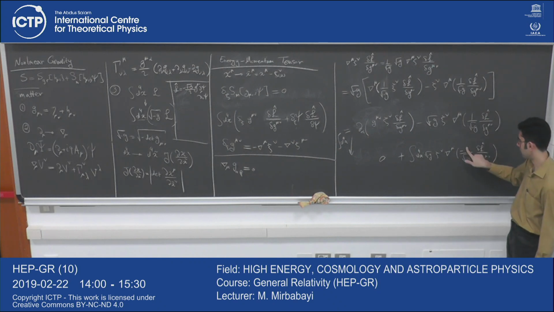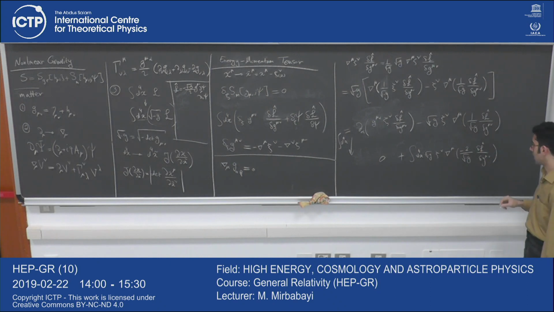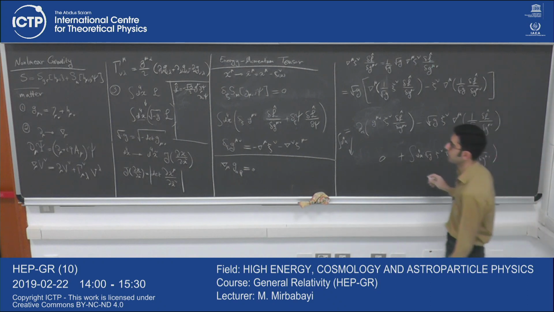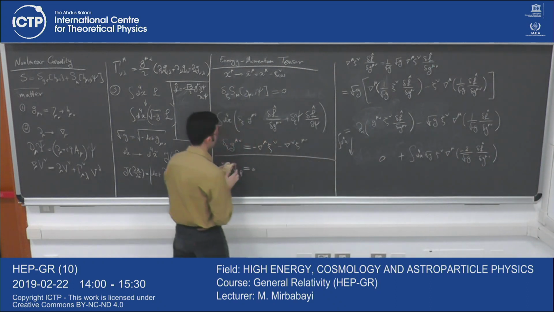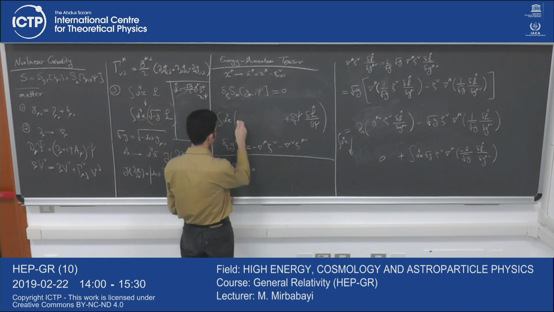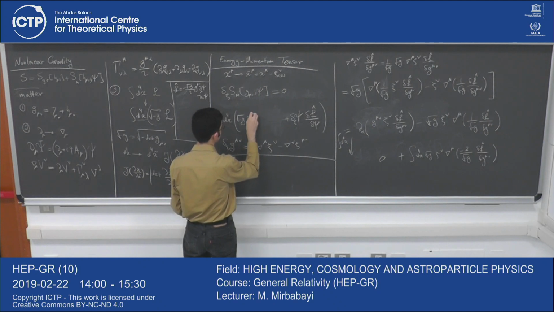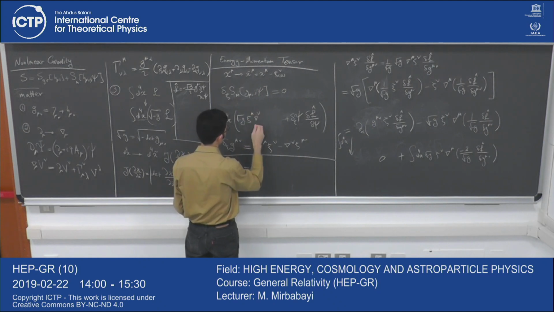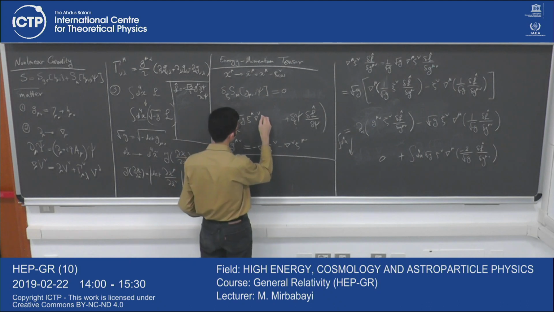So that only puts a factor of 2 here. Therefore, this term reduces to the integral of square root of g xi mu nabla nu of minus 2 over square root of minus g delta L hat delta g mu nu.